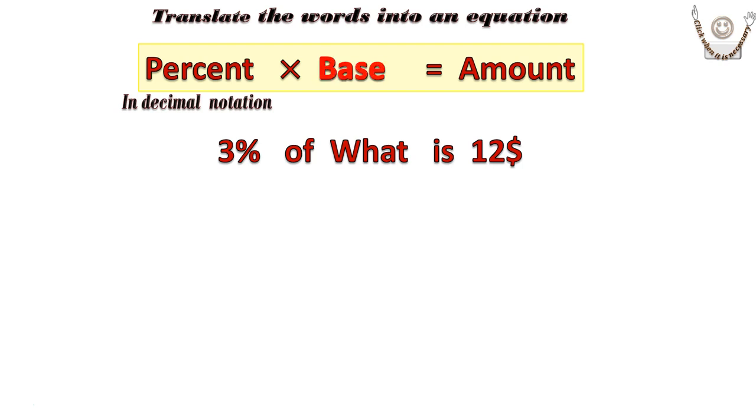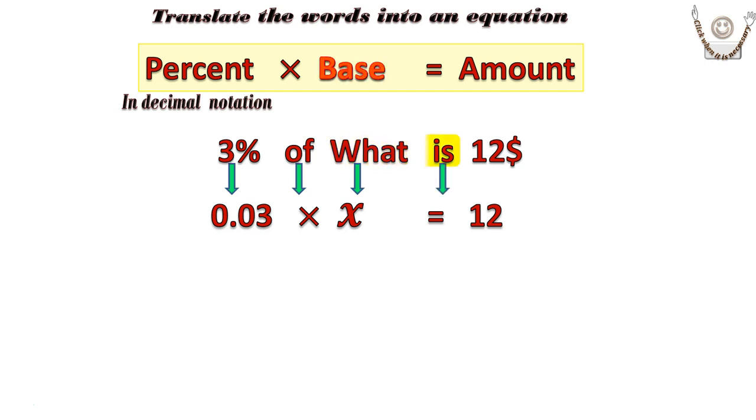And the corresponding equation is 0.03 times x equals 12. 3% we have to show using decimal notation. Of means multiplication, and we are looking for base, which we have to show as a variable x. Is is the symbol equal, and 12 is 12.